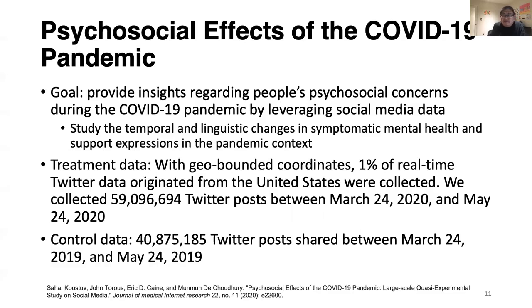They have both treatment and control data. The treatment data is geo-bounded, 1% real-time Twitter data originating from the United States, and they collected over 60 million Twitter posts between March 24, 2020 and May 24, 2020. The control data is from nearly 41 million Twitter posts shared between March 24, 2019 and May 24, 2019, so it's almost a year's gap.